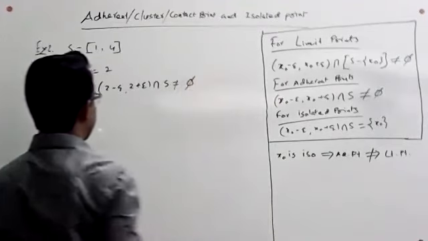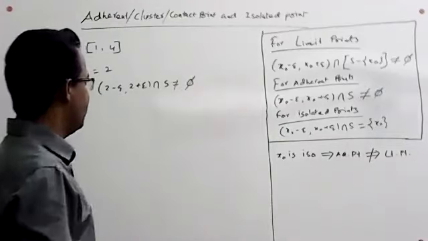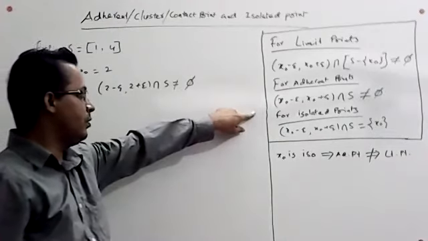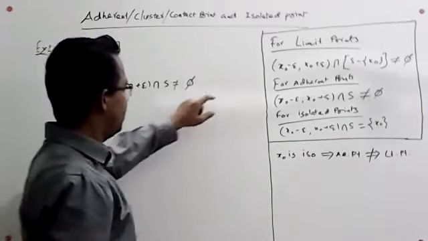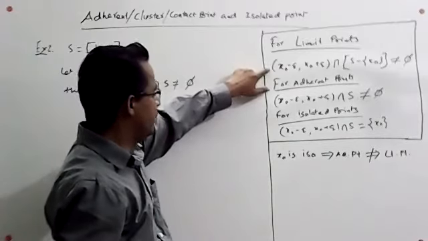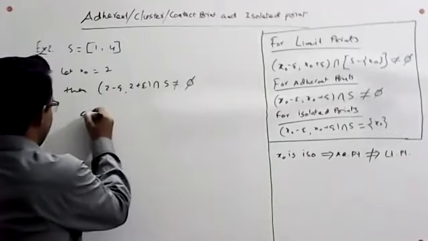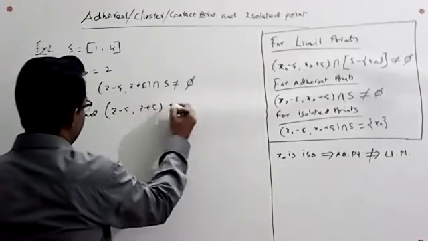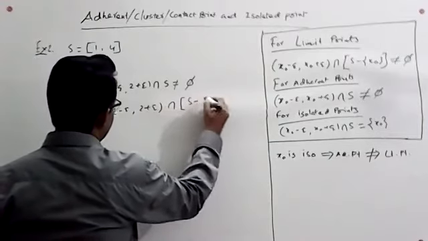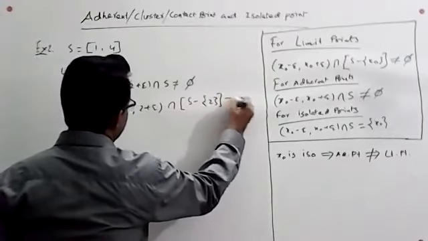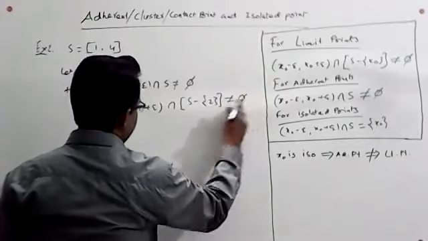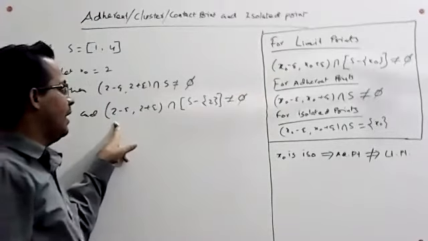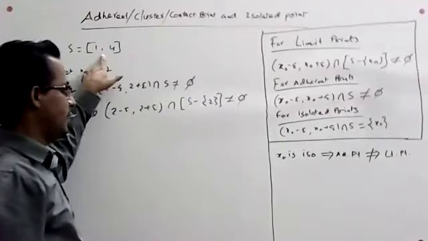Since it is a non-empty set, we can say that 2 is an adherent point of the set. Also, if we check the neighborhood (2 minus epsilon, 2 plus epsilon) intersected with S minus {2}, it will also be a non-empty set. So we can say that 2 is a limit point of this set.